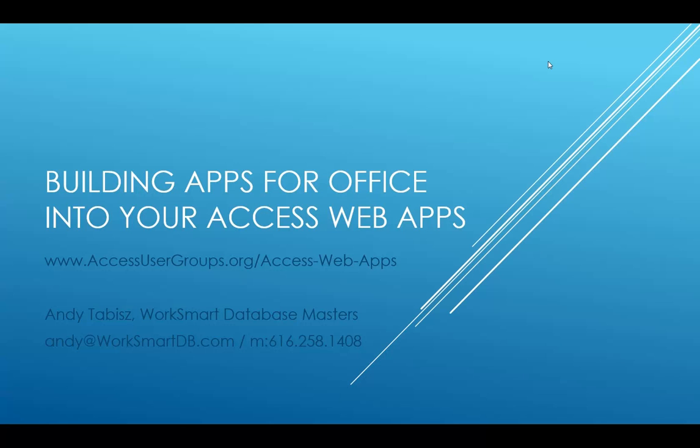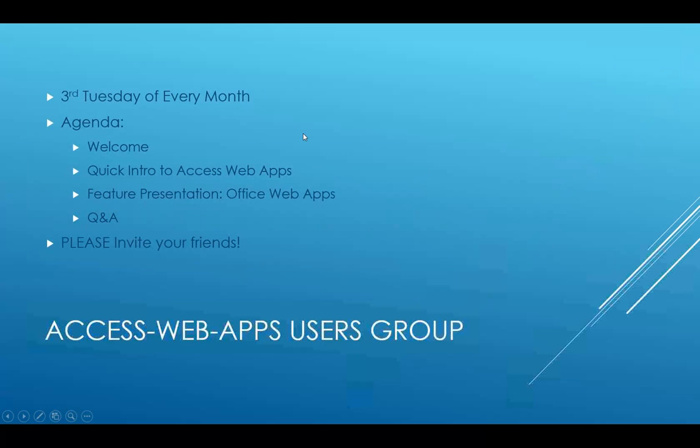This is the second meeting that we've had of the Access user groups, and we're going to meet the third Tuesday of every month. The agenda is a really quick welcome, and then a quick introduction into Access Web Apps.